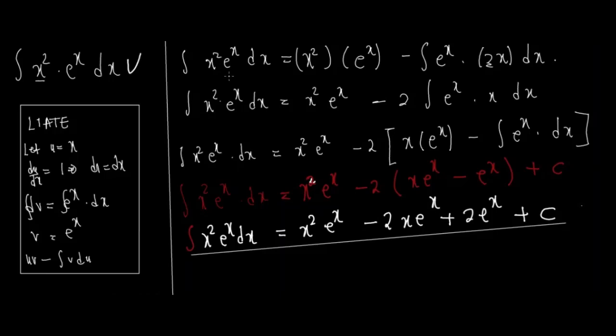So let's try another one, and this one is for you. I'm not going to remove this box. So even when you're writing, you're going to have LIATE in the box. It's going to guide you, even the formula.